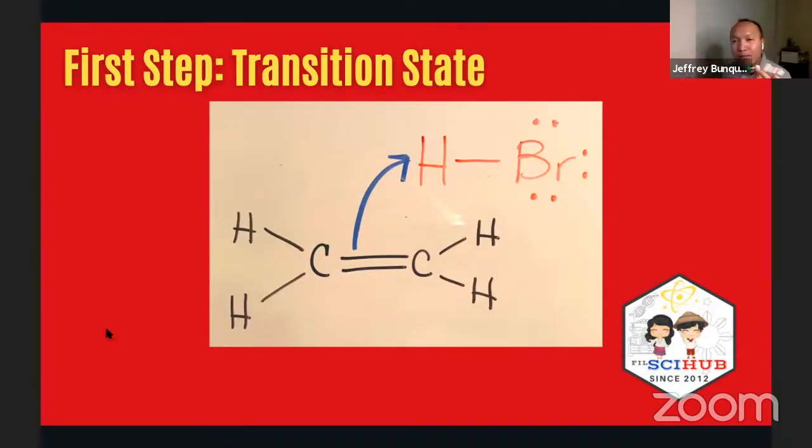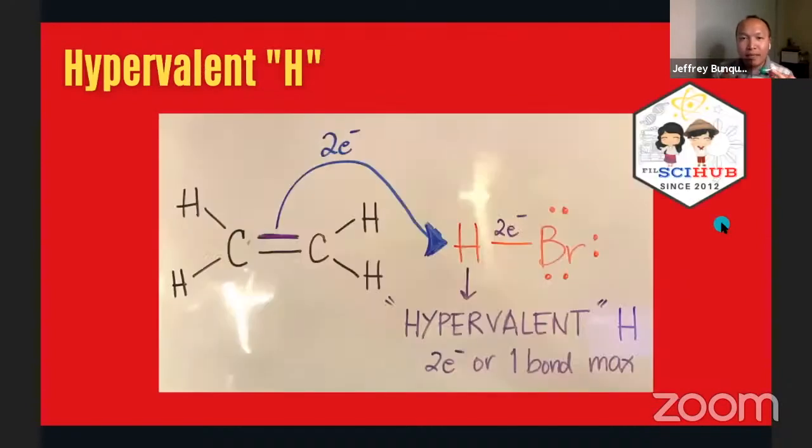And then so what happens afterwards is that yung electron pair dito sa carbon-carbon double bond is being used to form a bond with hydrogen here. And in the process, kung mapapansin niyo po, nagfo-form ng bond between your alkene and your hydrogen with hydrobromic acid.